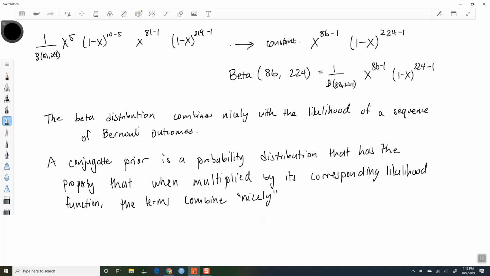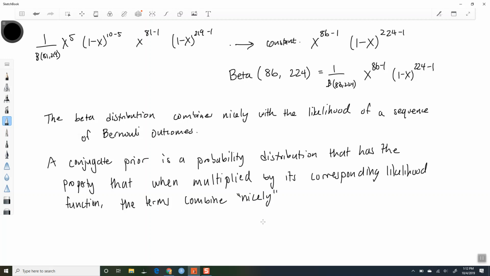Okay, now nicely is a relative term in that you might have to do quite a bit of algebraic work in order to reform all of these things, but they do combine nicely.